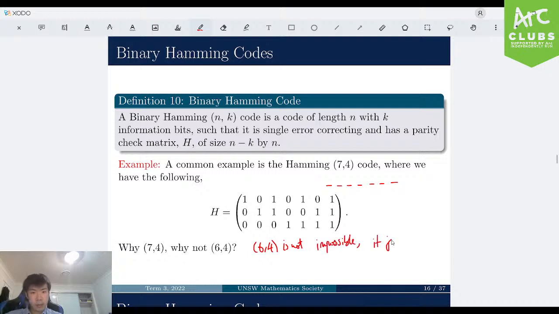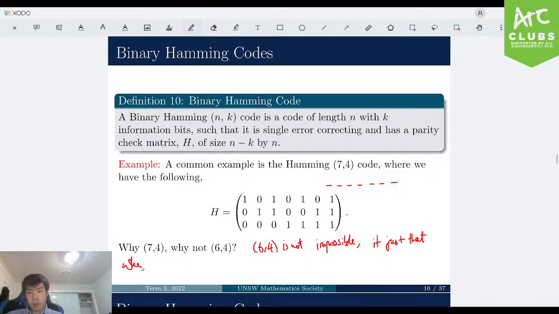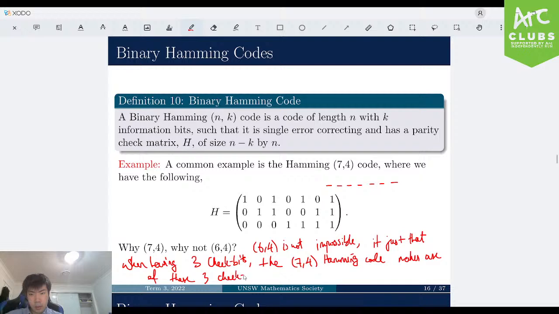It is just that when having 3 check bits, the 7-4 code makes use of these 3 check bits to the fullest.